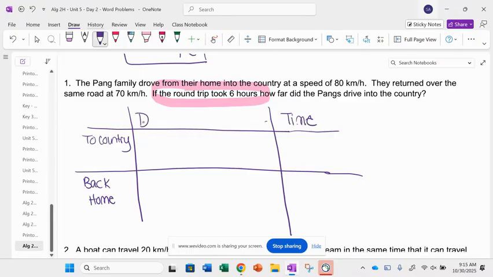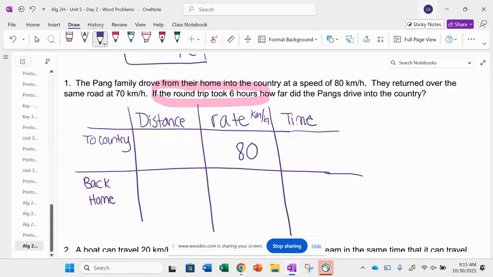And so it's going to be the distance, the rate, and the time. The Peng family drove from their home into the country at a speed of 80 kilometers per hour. Do we know the rate to the country? Yes. So the rate is kilometers per hour and it's 80.